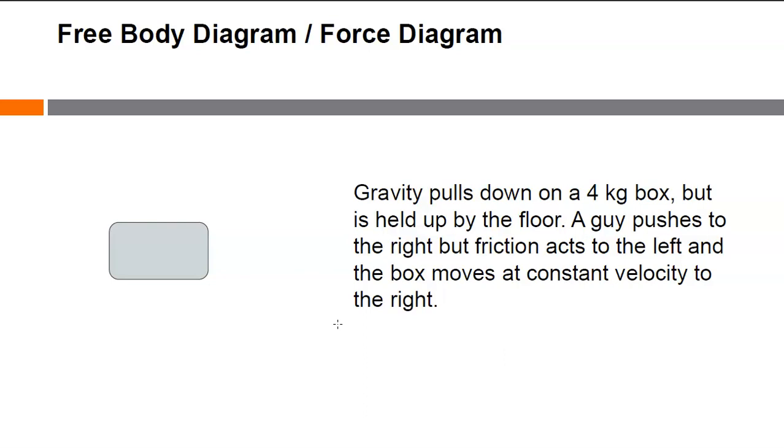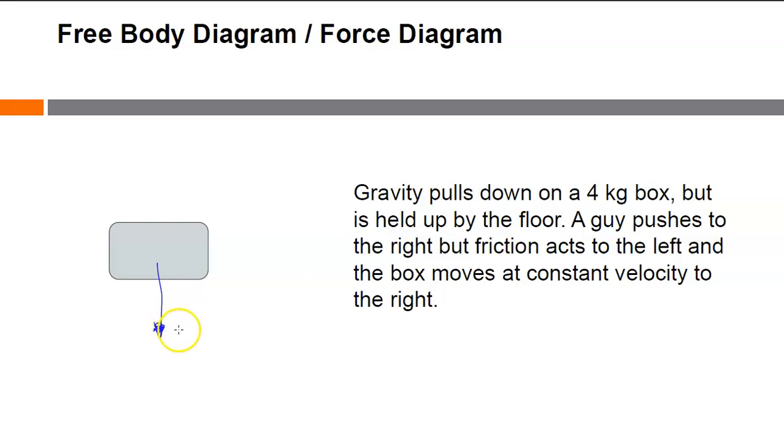Now, one more time with the free body diagram, in order to add the forces, you have to be able to see what the forces are. So when you read a problem like this right here, and it says gravity pulls down on a 4 kilogram box, that mass right there makes me think, oh, I got some weight going on. Don't know if I need it right yet or not, but there's a downward pull right there.